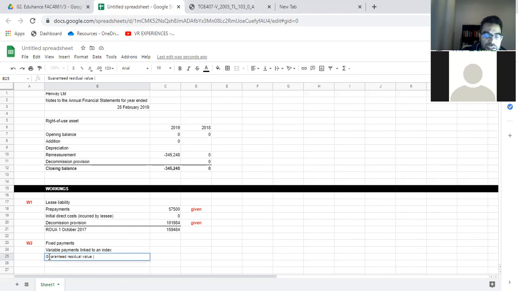Okay, so this is payable by lessee. Okay, so remember, it doesn't have to be by the lessee. Okay, so just be aware, it's not any guaranteed residual value, it's only a residual value guaranteed by the lessee.